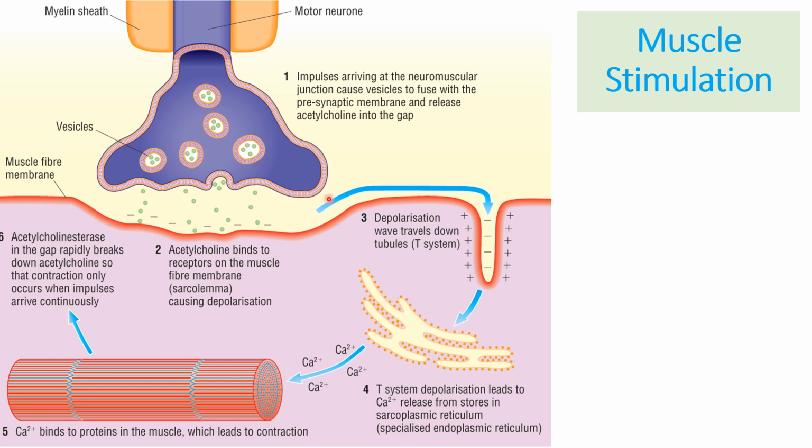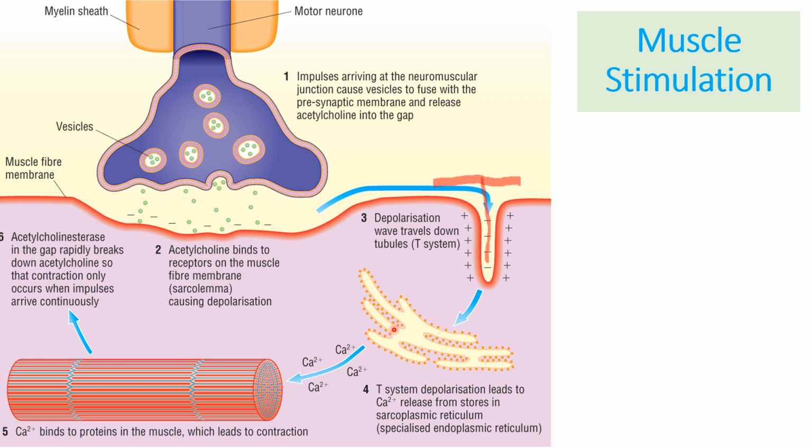But muscles are adapted to have something called T systems, and think, why are they called T systems? Well, if you just think about it logically, this looks like the letter T. The impulse travels down the T systems, and that causes depolarization, which causes calcium ions to be released from the sarcoplasmic reticulum, which is specialized endoplasmic reticulum.